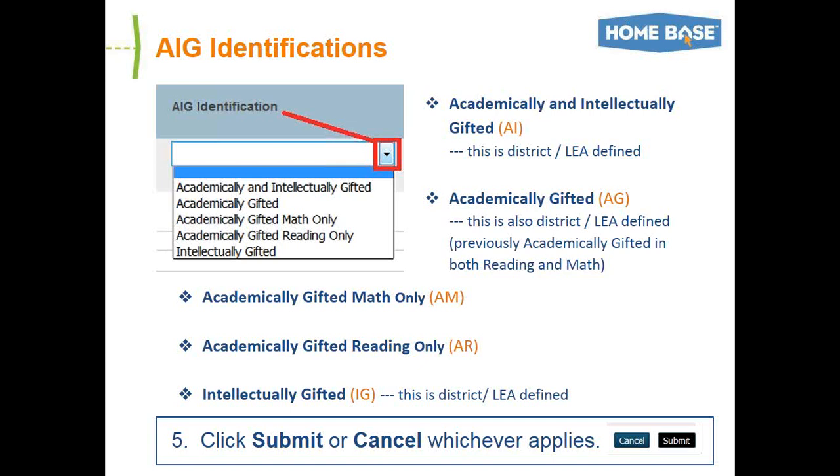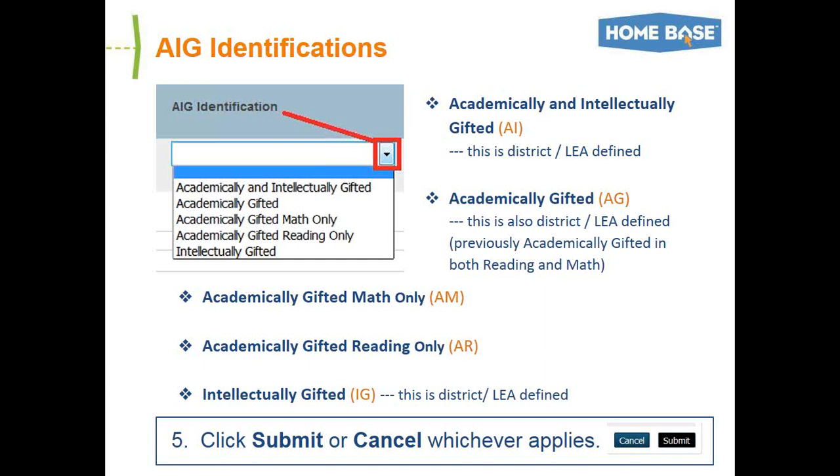AG is academically gifted. This used to be the academically gifted, both reading and math. But notice, this is your district and LEA level to define. Many of you may still use AG for math, and that is fine. But with the new addition of AIG and the new plans and your new identification models, it is a little bit more flexible for you to decide how you need to use it.